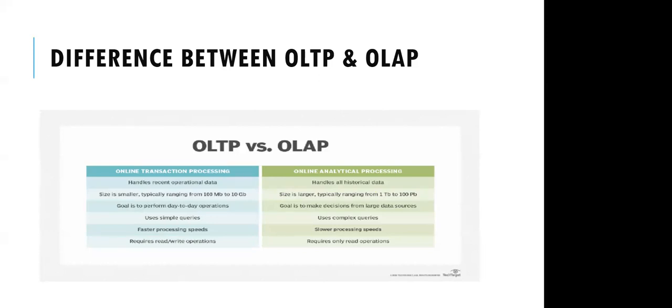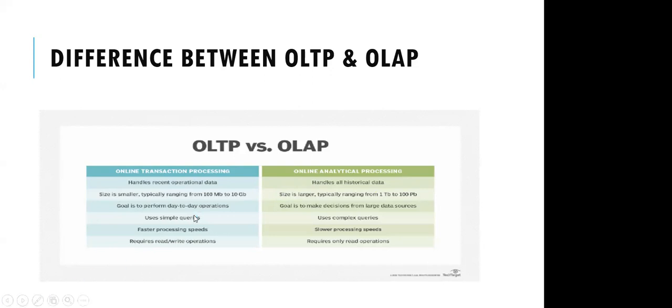In OLTP, we do the day-to-day transactions, so processing speed will be very fast. But in OLAP, we'll store all the data, the history data and the current data, so processing speed will be very, very slow.